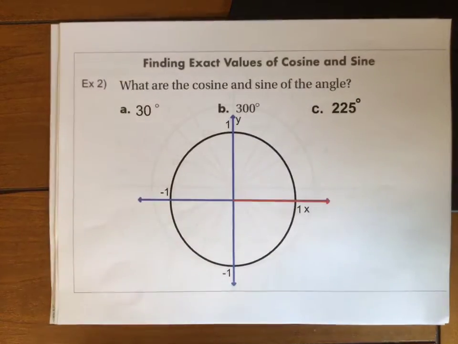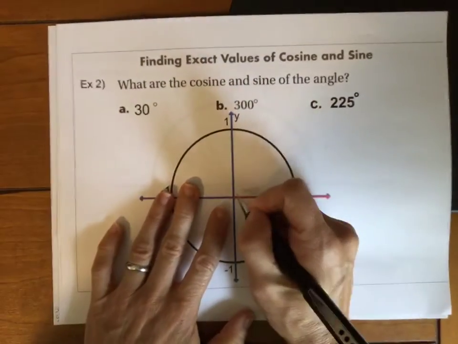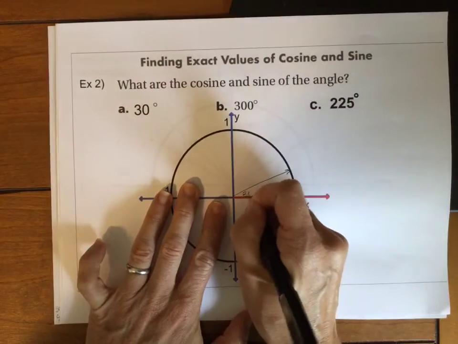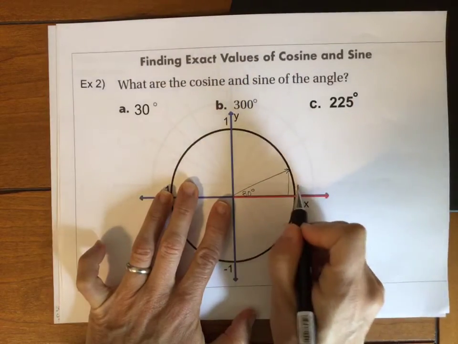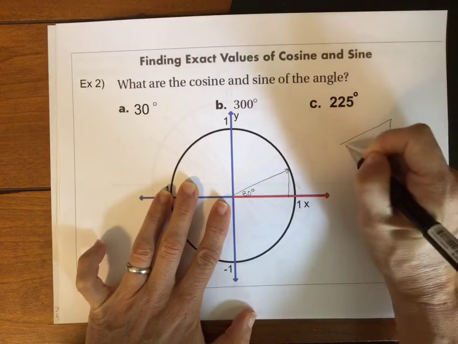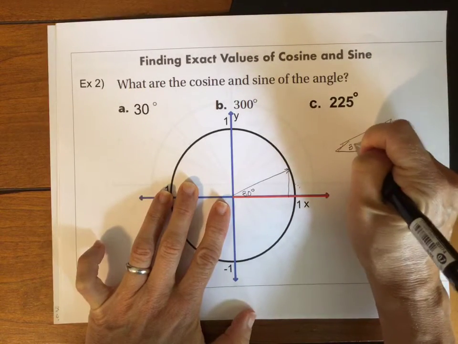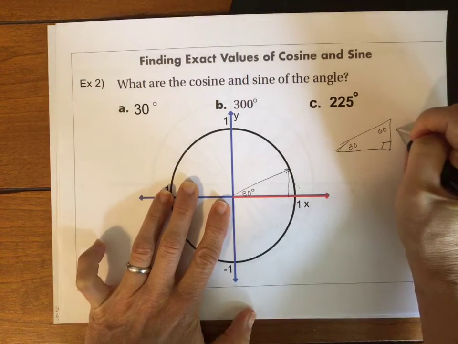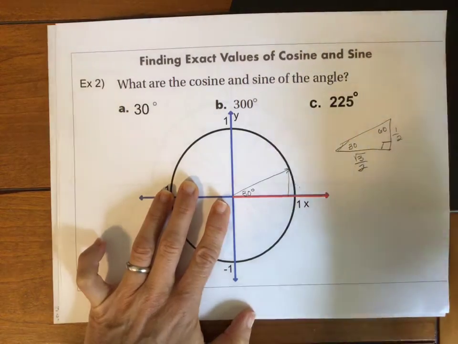All right, so how do we use that? What are the cosine and sine of the angle? And they want the exact values. So first, we're just going to draw a picture. So we just did 30 degrees. 30 degrees is the smaller angle here. Here's 30. And we already figured that out. We figured out that this is the short side. And so if I used my 30, 60, 90 rules and I looked at exact ratios, remember our exact ratios was the short side was 1/2 and the long side was √3/2.